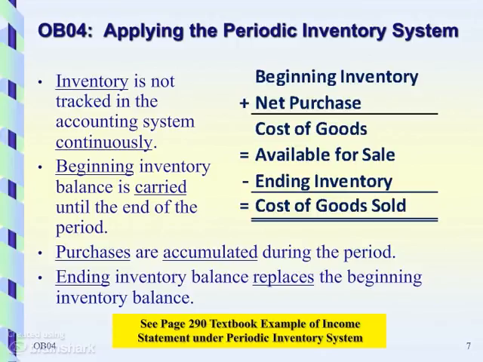The beginning inventory balance is carried until the end of the fiscal period, and purchases are accumulated during the period in a purchases account. The ending inventory balance replaces the beginning inventory balance to help us come to the balance of our cost of goods sold.